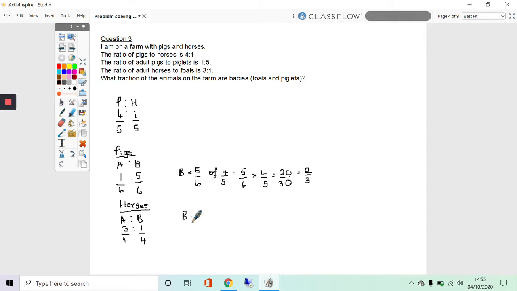So my number of baby horses, my number of foals, will be 1/4 of, so 1/5 of all the animals on my farm are horses. So 1/4 of 1/5, which is 1/4 times 1/5, which is 1/20.